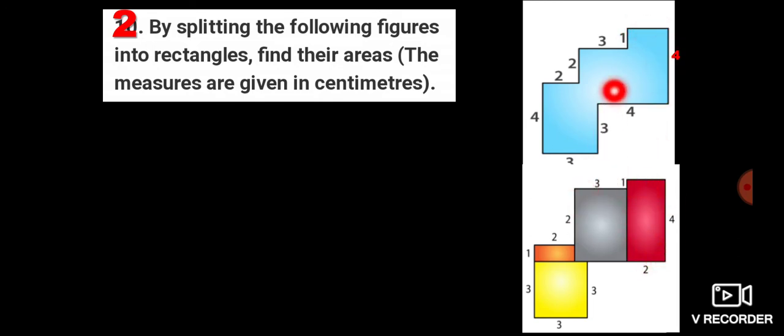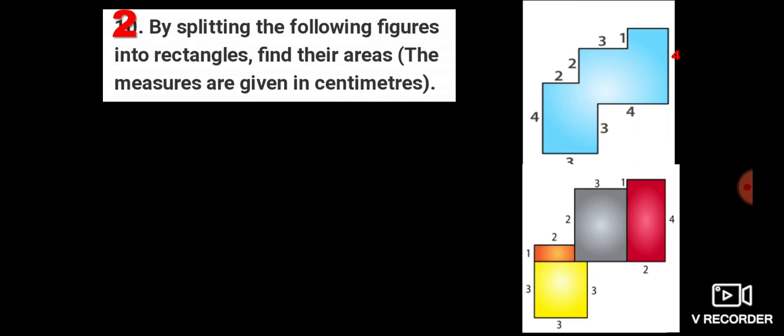Then grey color. We split like this. Grey color, one square, because the side is 3. Up to here 2. Then the remaining orange color is 1 centimeter. So total 3. Next here you can see a small rectangle in orange color. Then the remaining is yellow color.